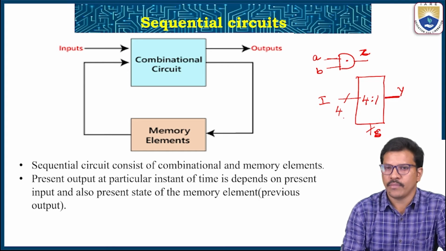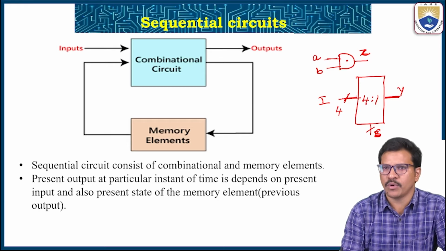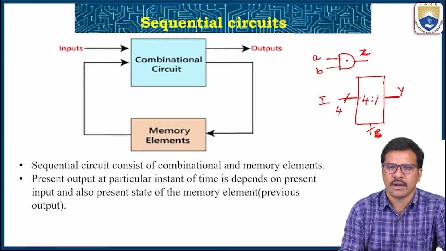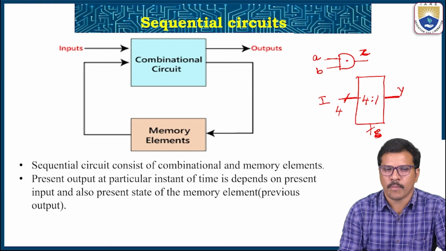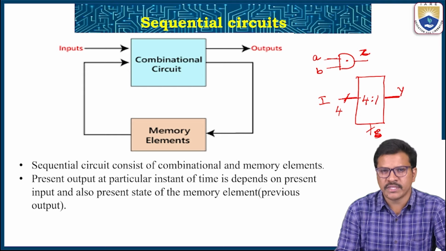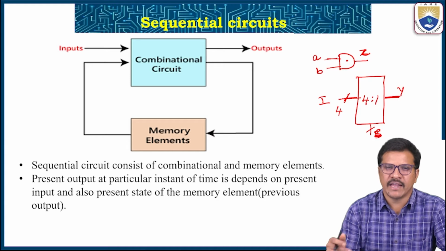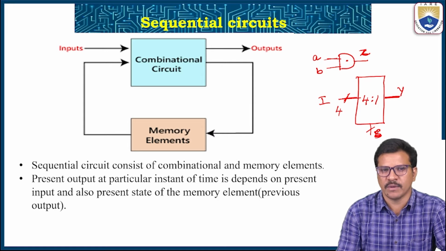This output depends only on the present inputs and the present selected input, and there is no previous output which comes back to the input and propagates through the circuit to give some other output. That's why it is combinational. If you take any combinational circuit, whether single-level or multi-level gates, the entire circuit's present output depends only on the present input.